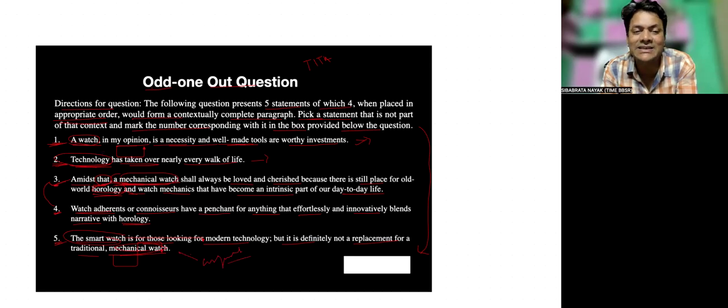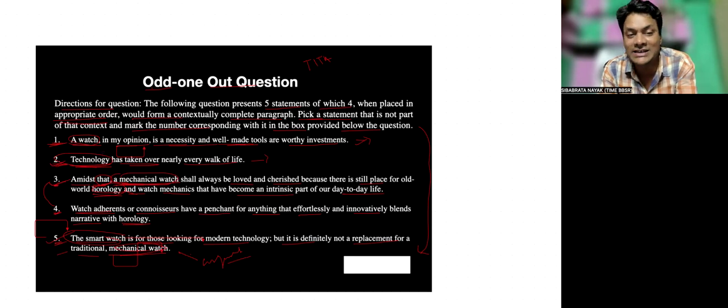So in that case, we can consider the topic that is introduced in statement 5, right? And as it is introducing the smartwatch having modern technology, we can find out that two would be the next one, where it is stated how technology has taken over nearly every walk of life, right?